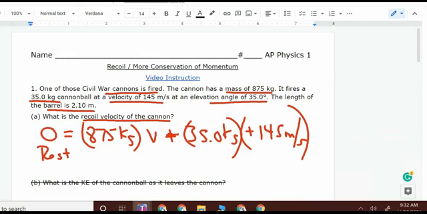Doesn't that make sense? That's how they add up to zero. They have to be equal but opposite, because if there's zero before, there's zero after. Total momentum before is zero, total momentum after is zero.